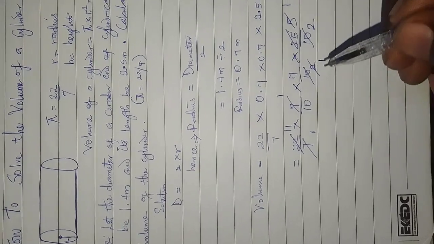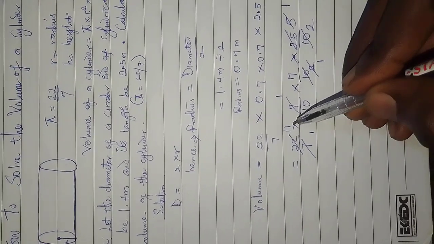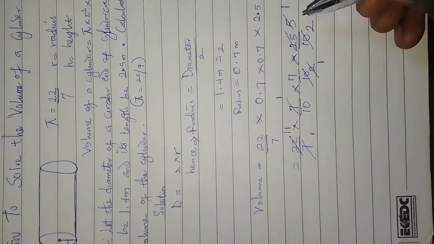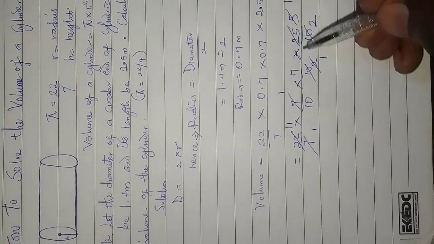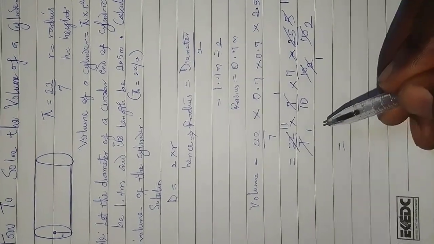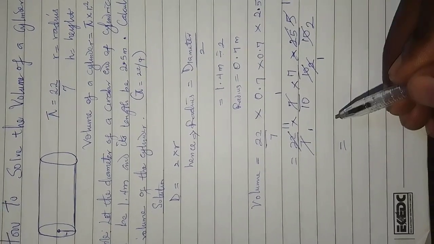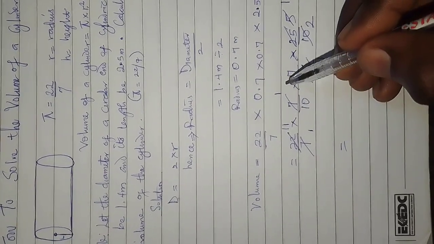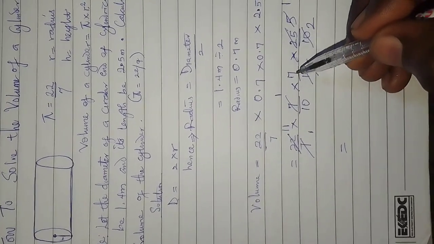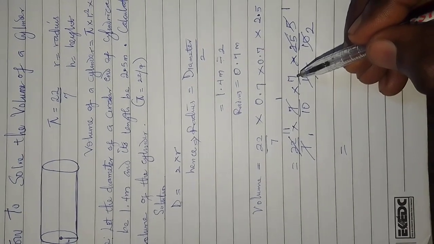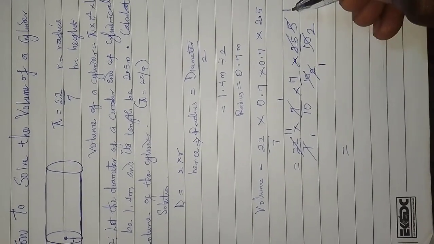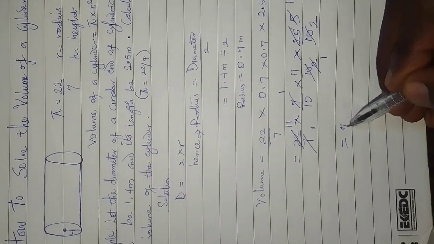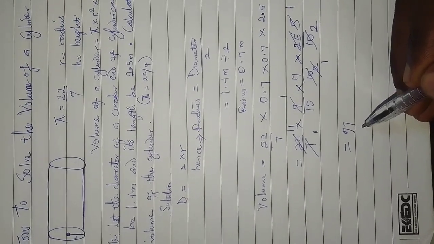Now, what we have as our numerators are 11, 1, 7, and 1. So you have to multiply all the numerators together over the denominator. So 11 multiplied by 1 is 11, multiplied by 7 is 77. 77 multiplied by 1 is 77. You have 77.